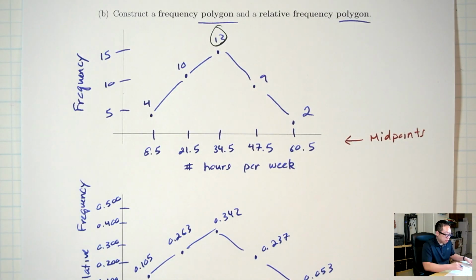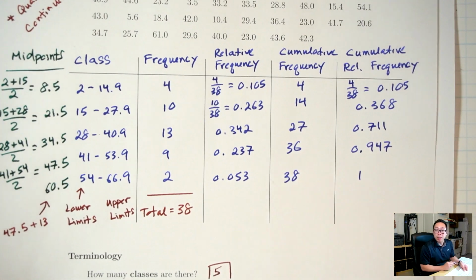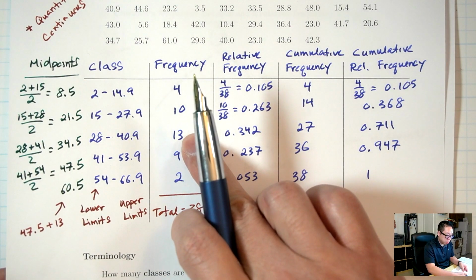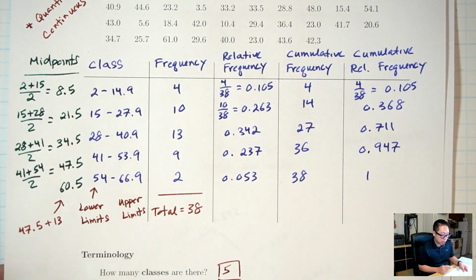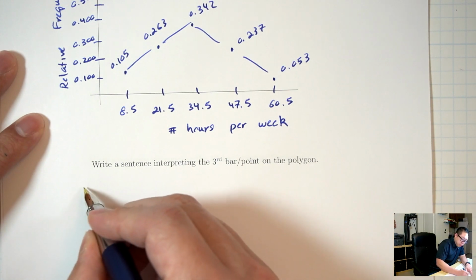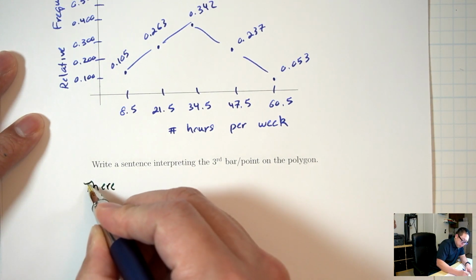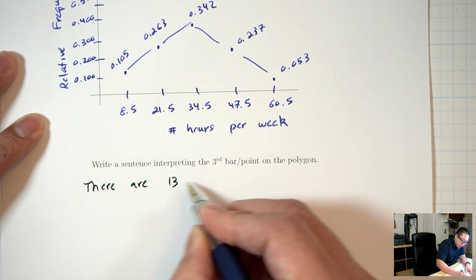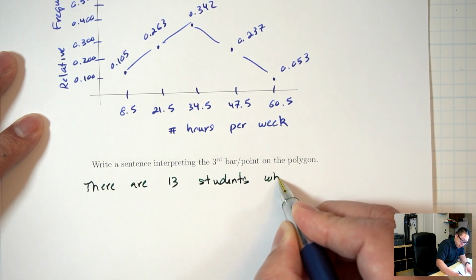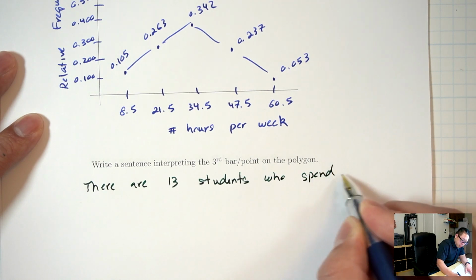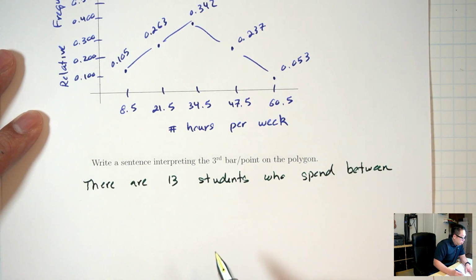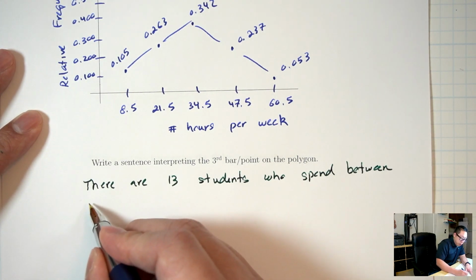So for polygons, I recommend going back to the table and then interpreting it from the table. So the 13 means that there's 13 students who spend between 28 and 40.9 hours per week studying.